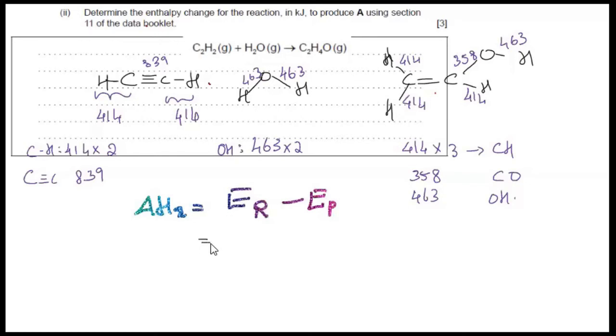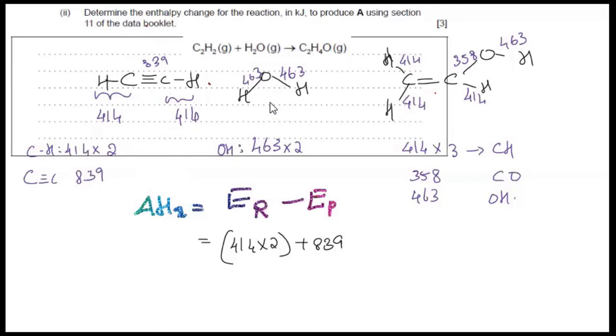So this will be equal to reactants is thus. So that would be 414 times 2 plus 839. So we have written the values for ethyne.